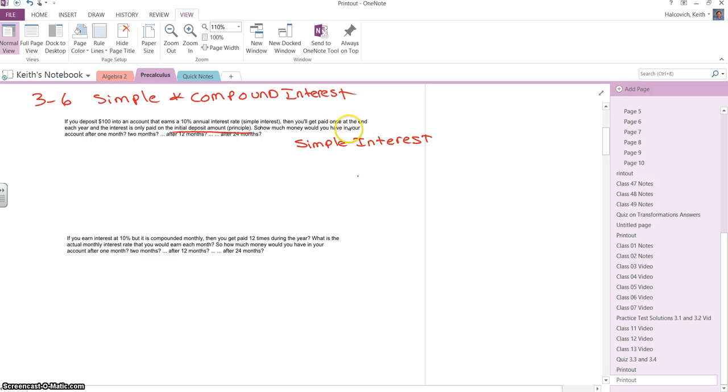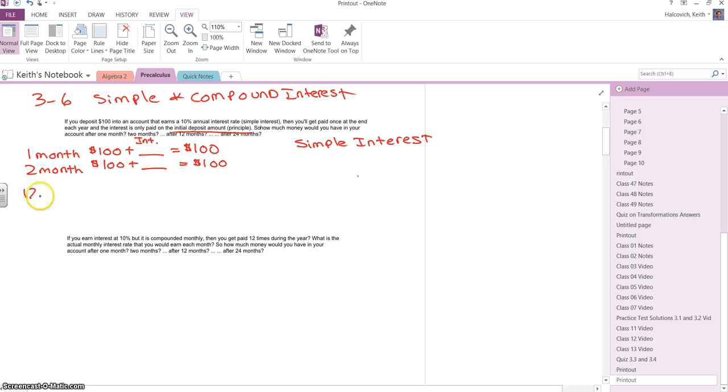So how much money would you have in your account after 1 month? Well, after 1 month, you would still have $100 because there would be no interest. After 2 months, you would still have $100 because there's no interest.